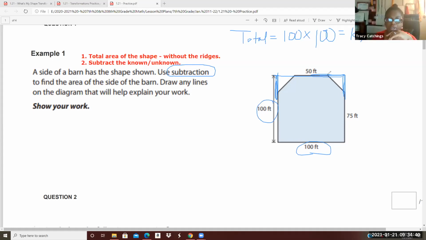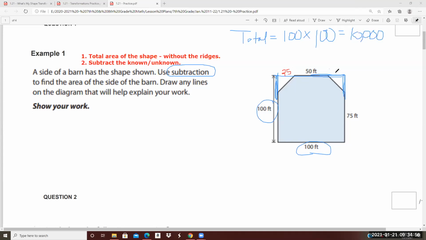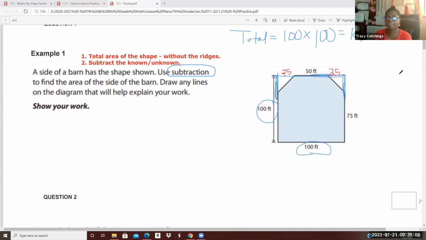They told us this piece in the middle is 50. Altogether, it was 100, and we need to separate that by 2. 25. Divided by 2. Was that you, Mercedes? Good to hear you this morning. So that would be 25 for the triangles on both sides to give us a total of 100.